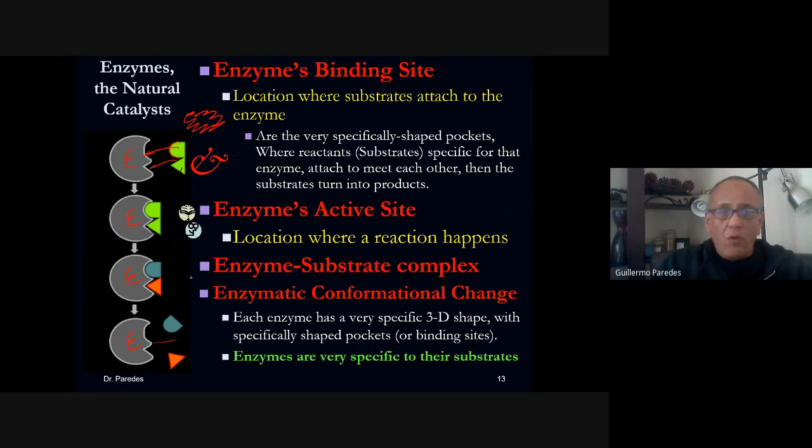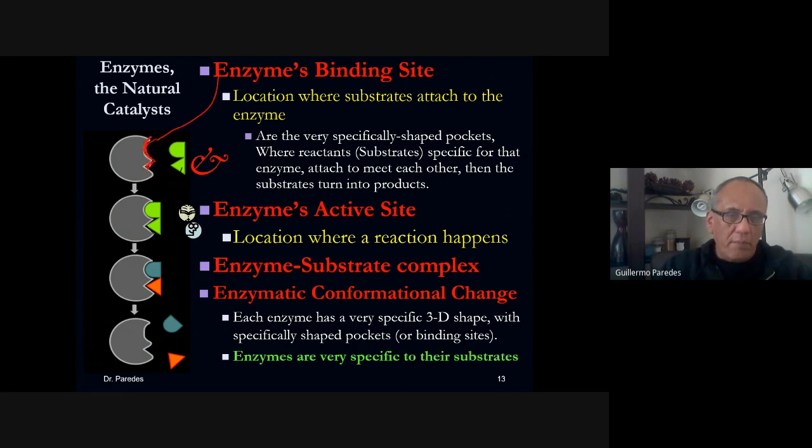So what you need to remember is this. The enzyme binding site is the location where the substrate attaches to the enzyme. What is the enzyme binding site? This area.